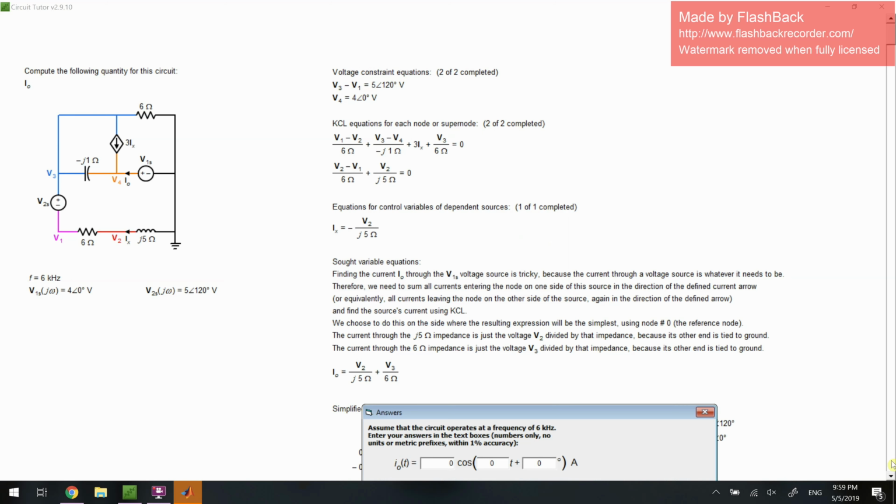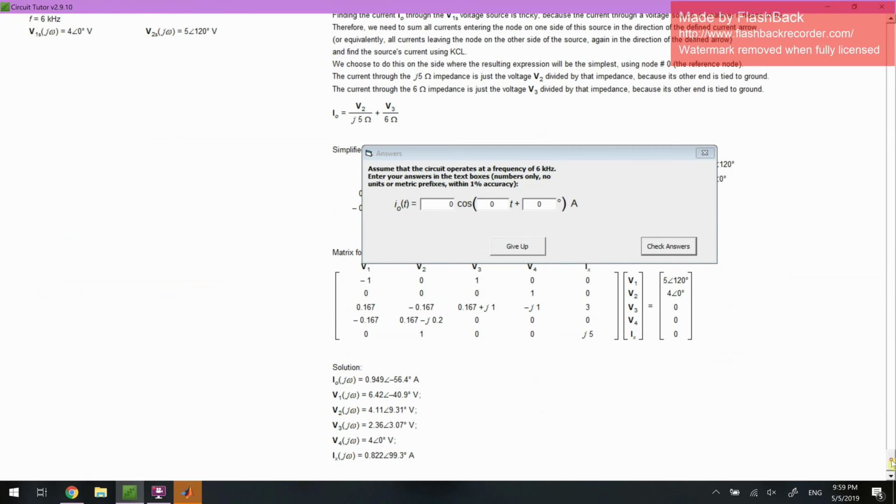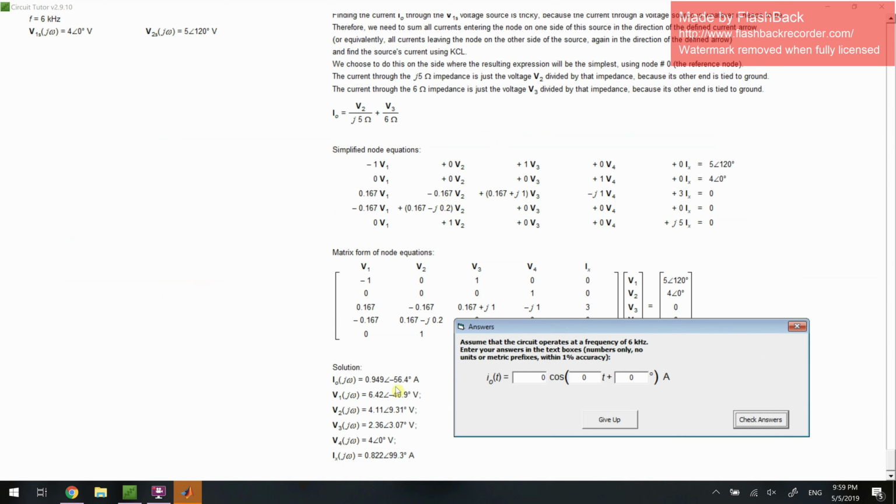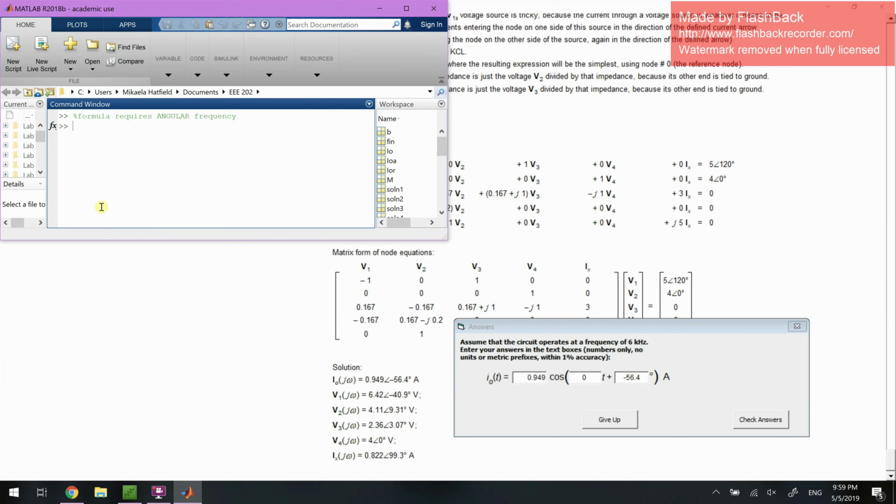Now we have to convert this to the time domain. So this is a lot simpler. We don't need MATLAB for this yet. The radius in the frequency domain translates to the amplitude in the time domain. The degree in the frequency domain translates to the lead or the lag in the time domain. And then for the frequency term, recall that the time domain requires angular frequency.